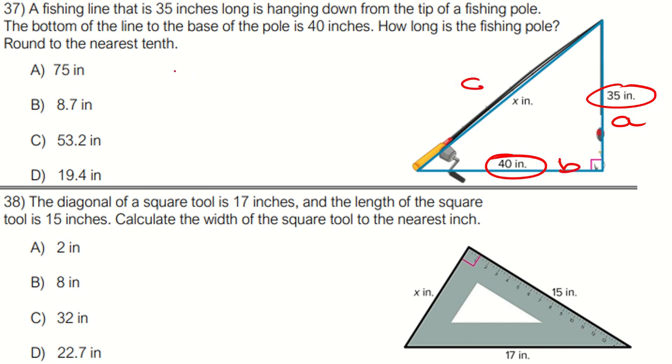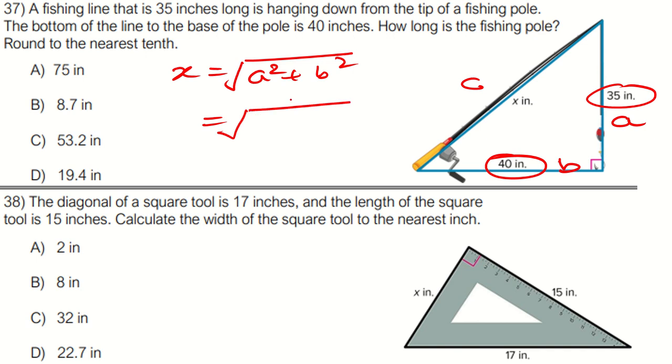So according to the Pythagorean theorem, what will you do here? It is A square plus B square, because the hypotenuse is missing. Okay. For a detailed Pythagorean theorem explanation, you can see my other video. This is 40 square plus 35 square. Just calculate it, you will get the answer. Okay.